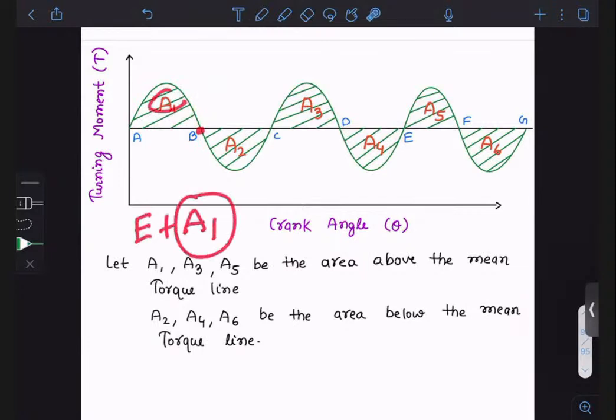A1 energy is added here. Now at point C, this energy is lost. Suppose here the requirement is more and supply is less, then the flywheel actually supplies energy to the machines. Therefore, energy decreases. So this is how it happens.